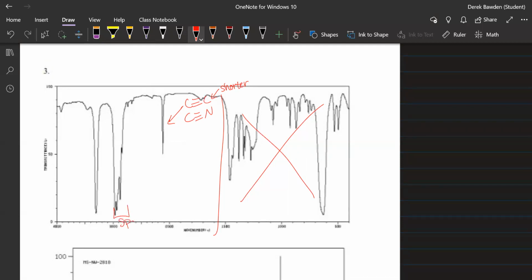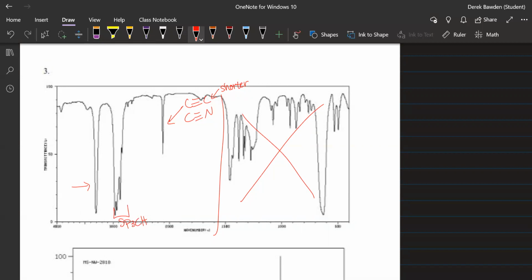We've got our sp3 CHs. Now what is this? It's a super strong peak at like 3,300. Someone know? SP CH, is that what you said?